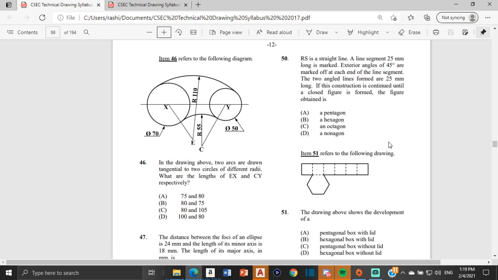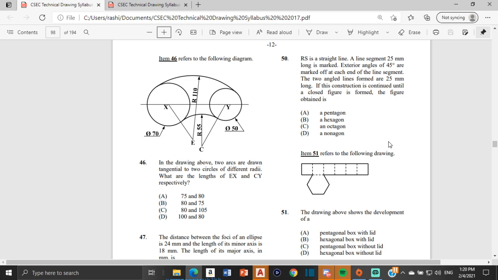Number 46 refers to the following diagram. It says, in the diagram above, two arcs are drawn tangentially to two circles of different radii. What are the lengths of EX and CY respectively? So what are the lengths of EX and the length of CY?